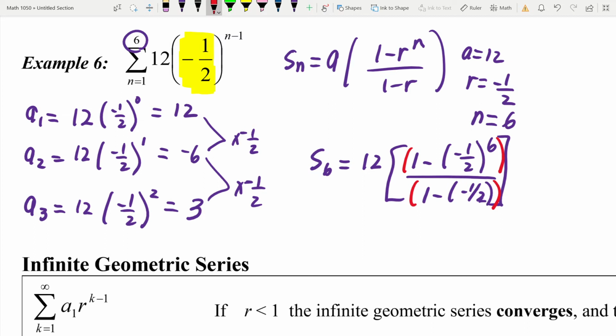Okay, let's do it. 12, parenthesis, parenthesis, 1 minus parenthesis, negative 1 divided by 2, close it off, raise it to the 6th, close parenthesis, divided by parenthesis, 1 minus parenthesis, negative 1 divided by 2, close it, close it, close it, hit enter, and there it is.